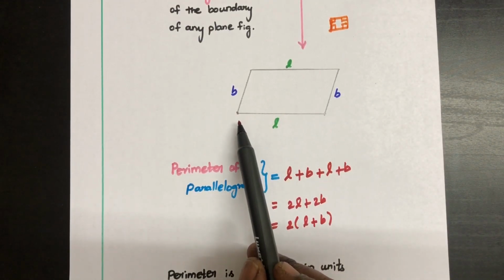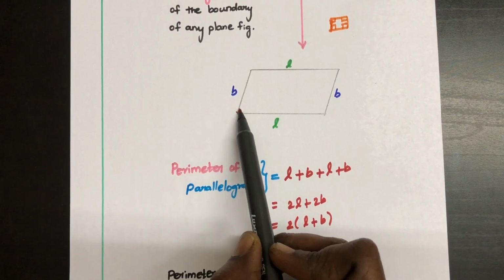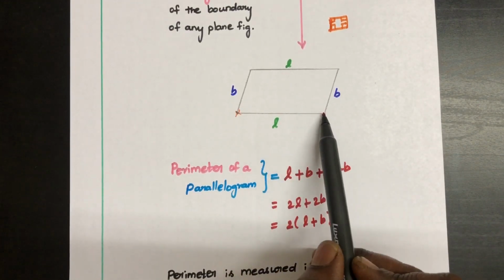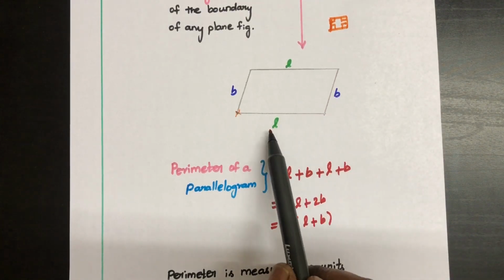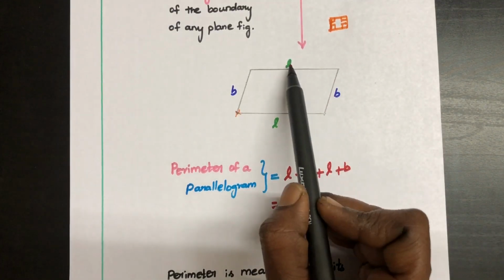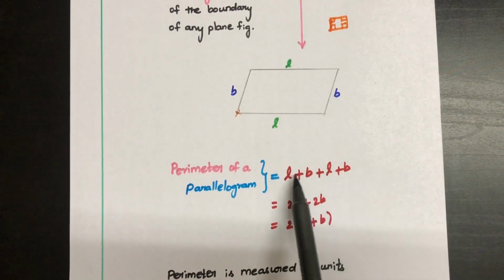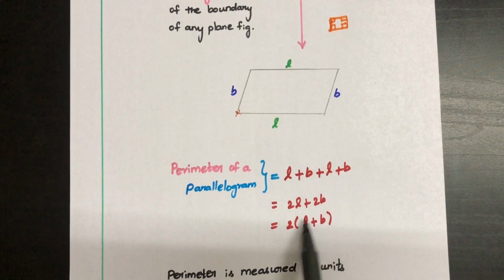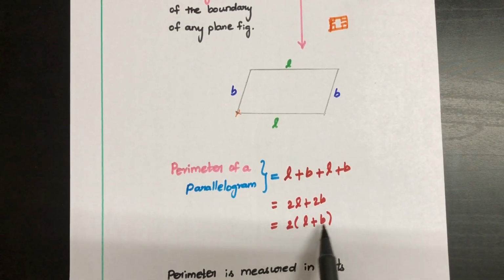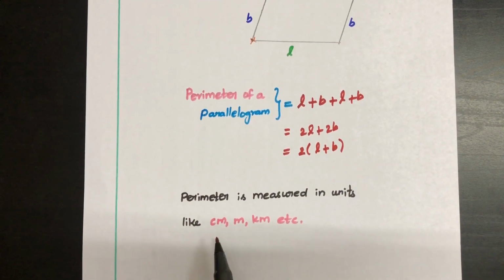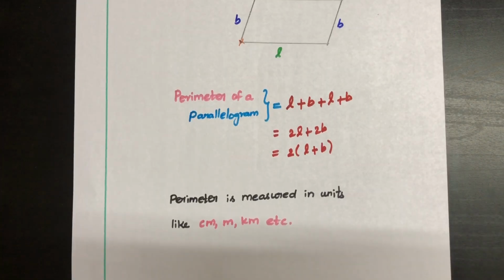See here, from here to here it is length L, from here to here it is breadth B. So L plus B plus L plus B equals 2L plus 2B. If we take 2 outside, because 2 is common, it is 2 into L plus B. Always, perimeter is measured in units like centimeter, meter, kilometer, etc. That's all.